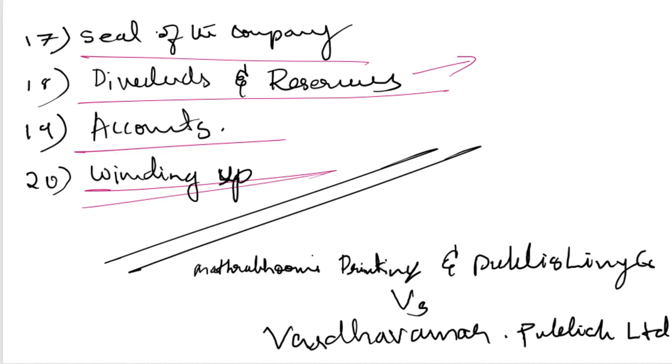So every person dealing with the company is presumed to have read the memorandum and the articles of association, and is deemed to have knowledge of the content of these documents. By this way, a general public can access the articles of association of any company.